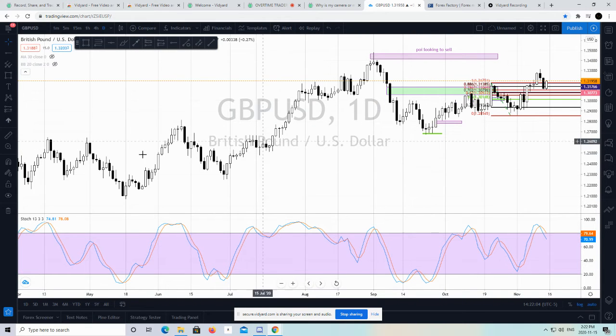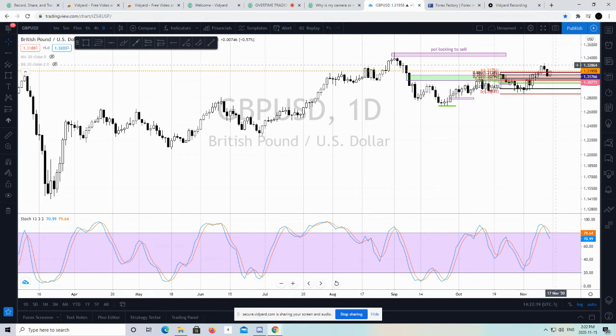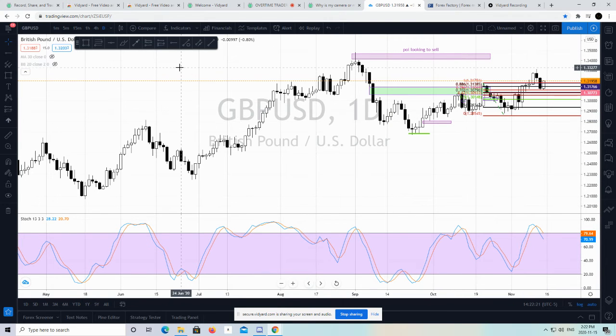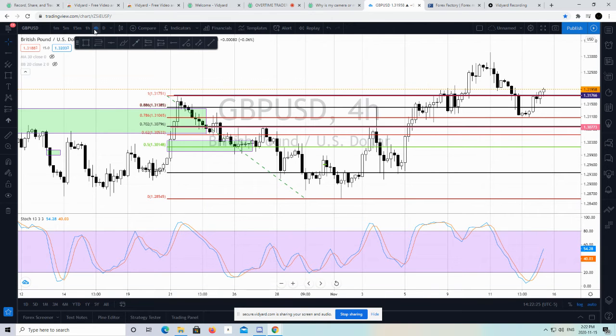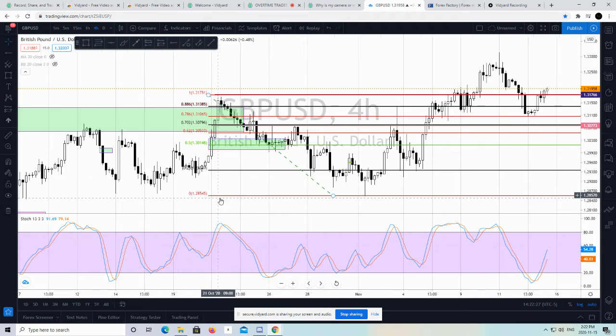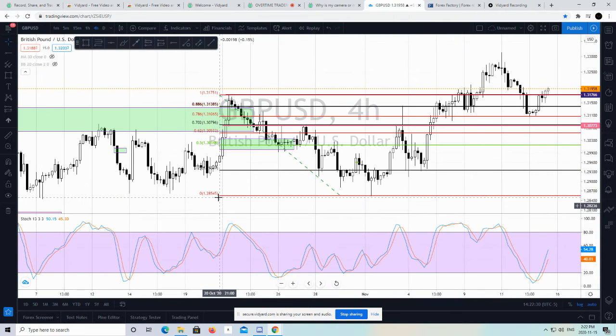We're making higher highs, higher lows, higher highs, higher lows, higher high, broke, retrace back, higher high. We are definitely looking to go higher. I'm bullish on GU.